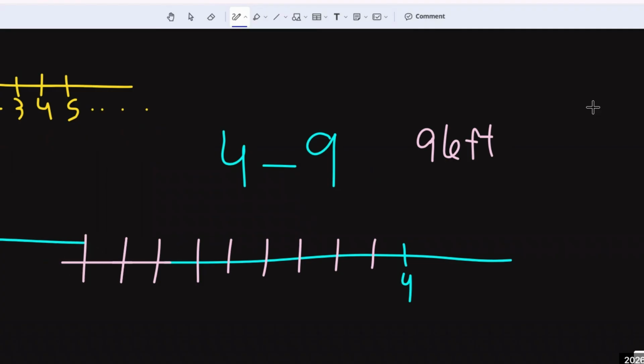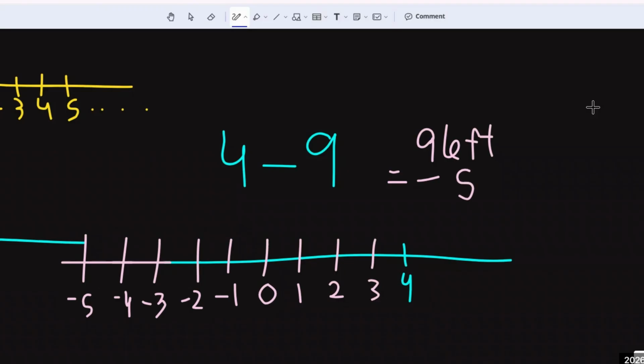You need to go 9 units left. So before the 4 it is 3, and before 3 it is 2, and then 1, 0, -1, -2, -3, -4, -5. So my answer is -5.